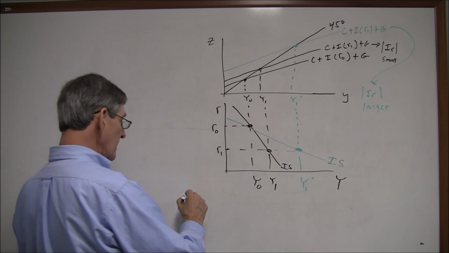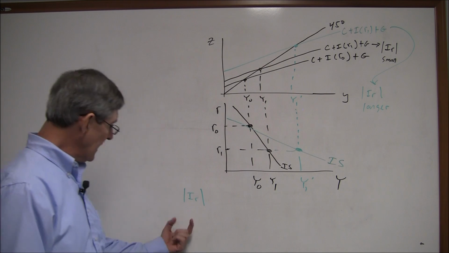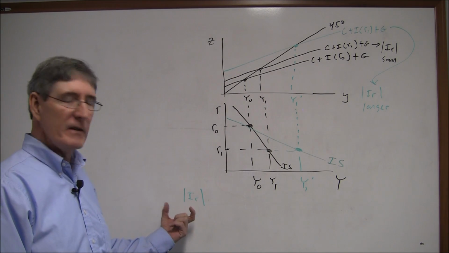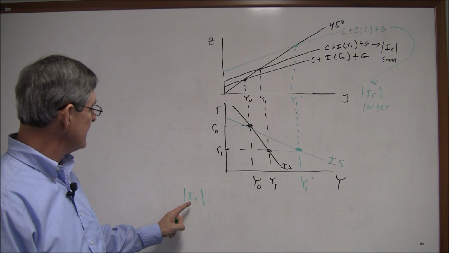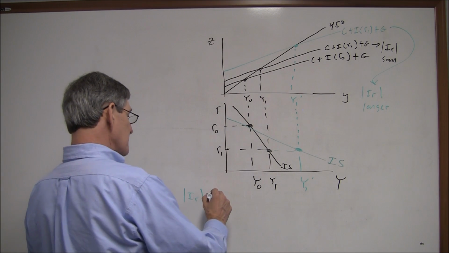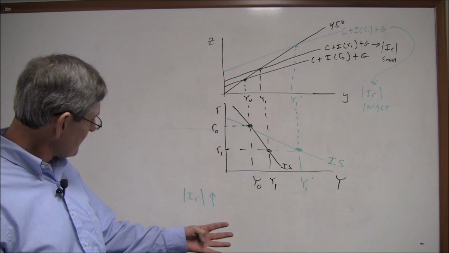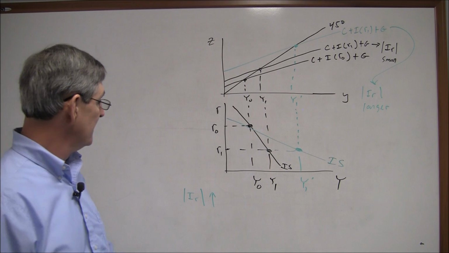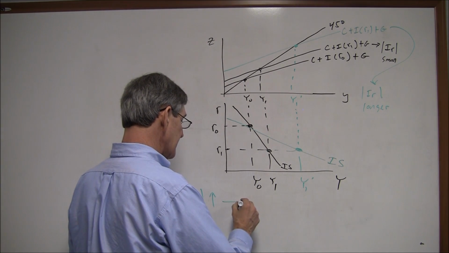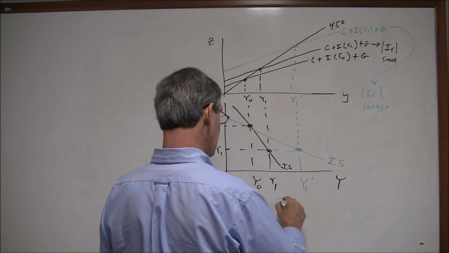And so our result is that as I of R goes up, and we're going to use a word for this, this is how responsive investment is to the interest rate. When it gets more responsive, when a given fall in the interest rate gives you a bigger change in investment, that's going to cause the IS curve to get flatter.